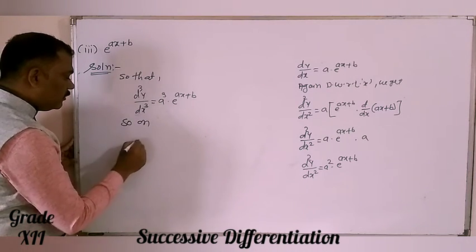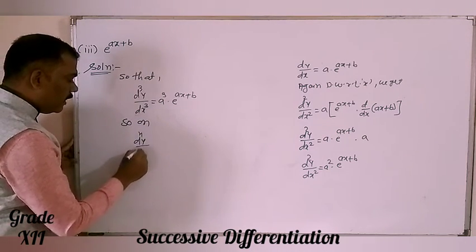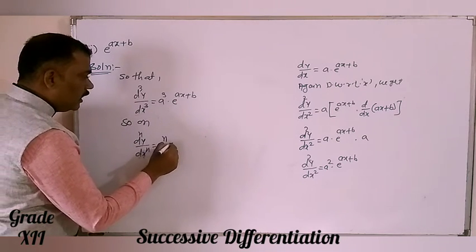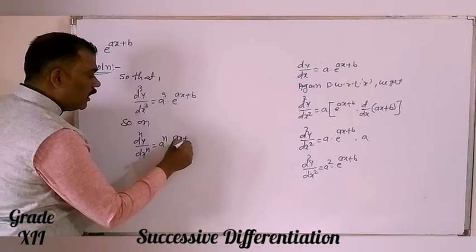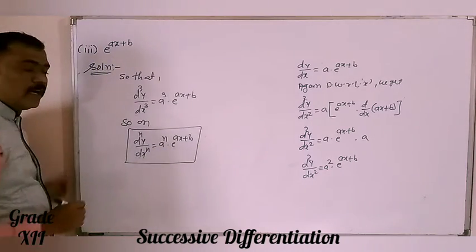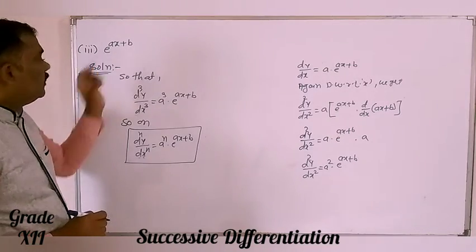The nth order derivative is dny by dx raised to n, which is a raised to n into e raised to ax plus b, the required nth order derivative of this given example.